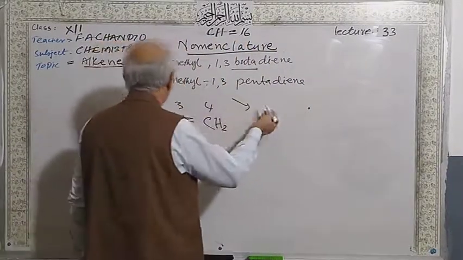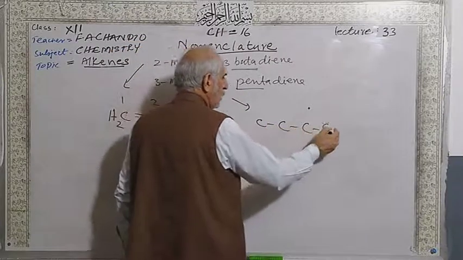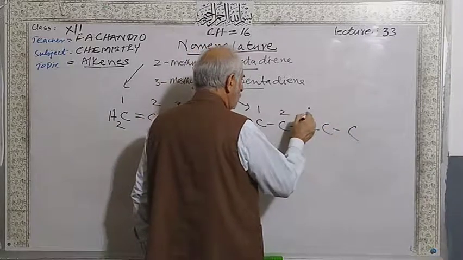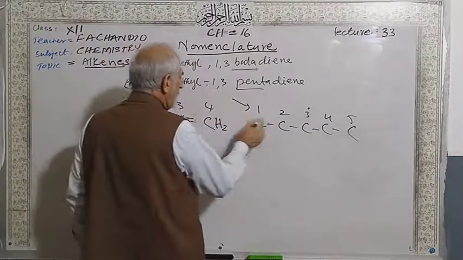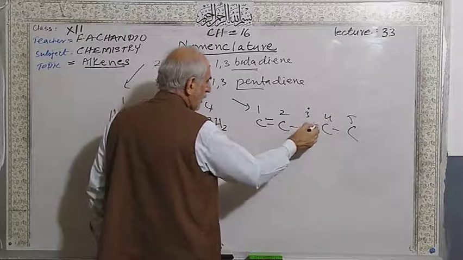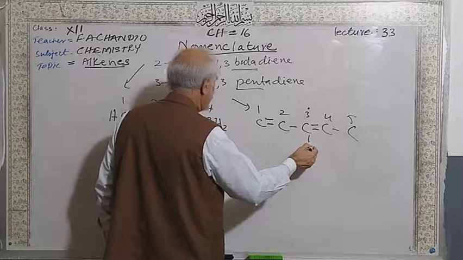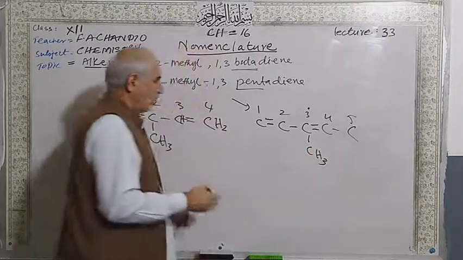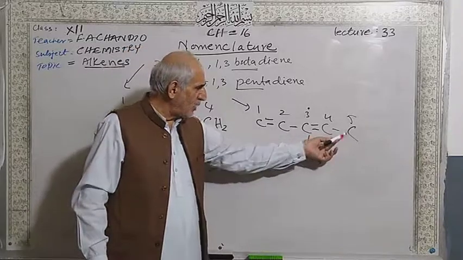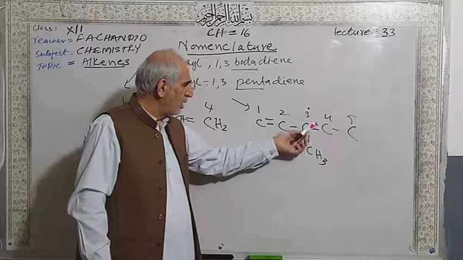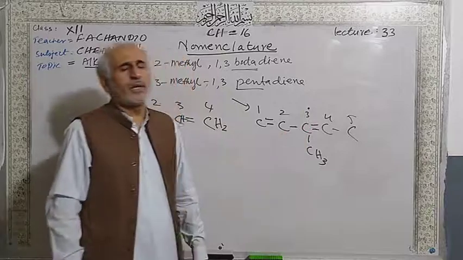Now about this one. 5 carbons: 1, 2, 3, 4, 5. So double bonds at 1 and 3. Starting from this side, 1, 2 double bond, and there is a methyl on carbon number 2.